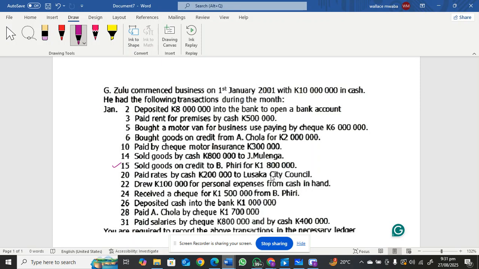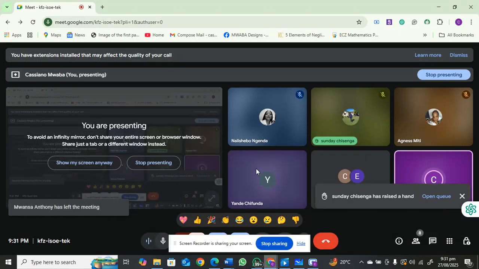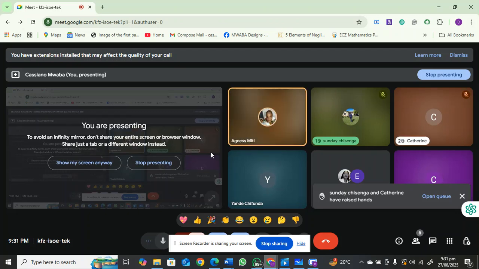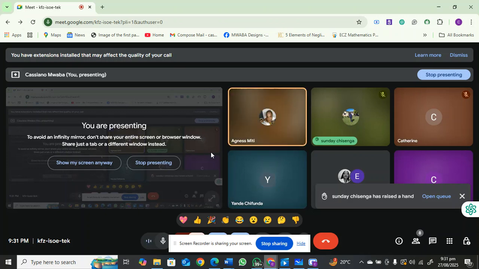Madam, by debiting cash, it means you're increasing your cash account. Here you're paying for an expense. Yes, thank you.